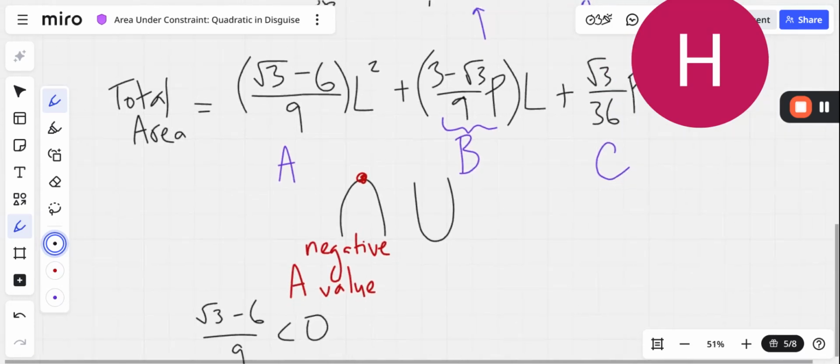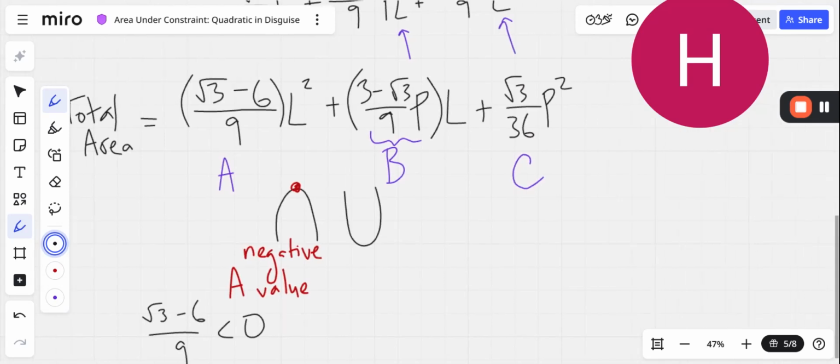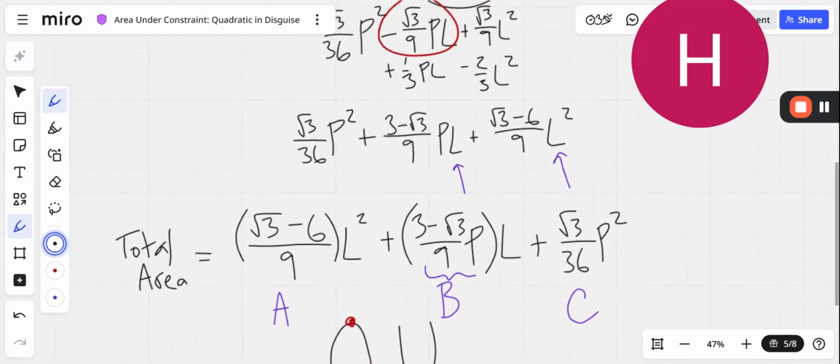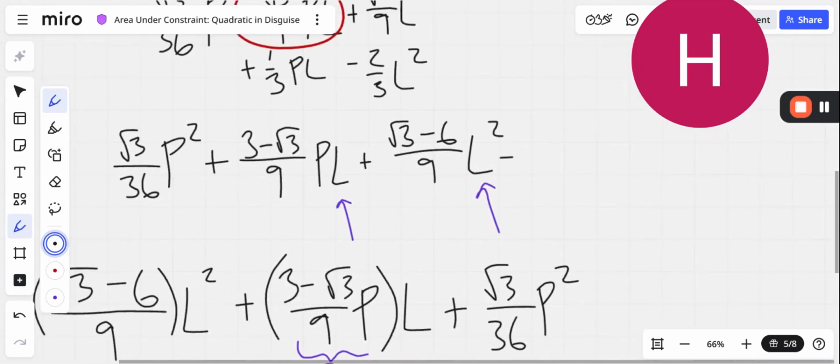Okay, and if we want to think about this for part B's sake in terms of P as a quadratic in P, then we would just go back to looking at it in this other format here.